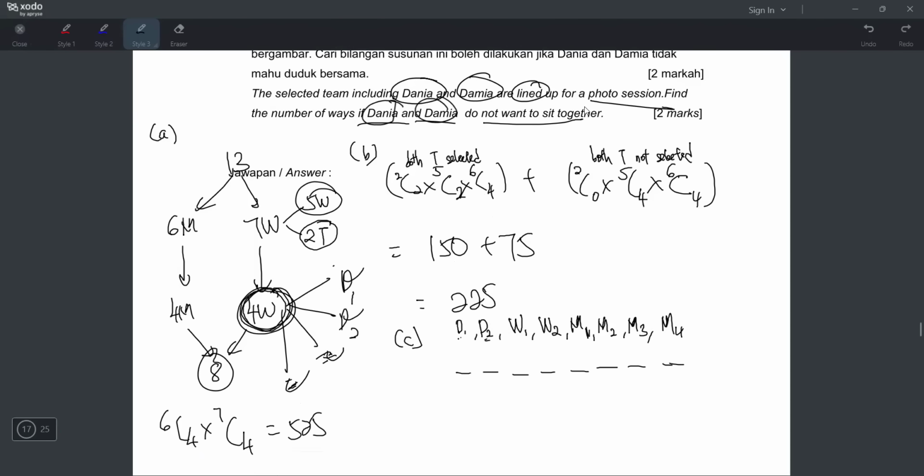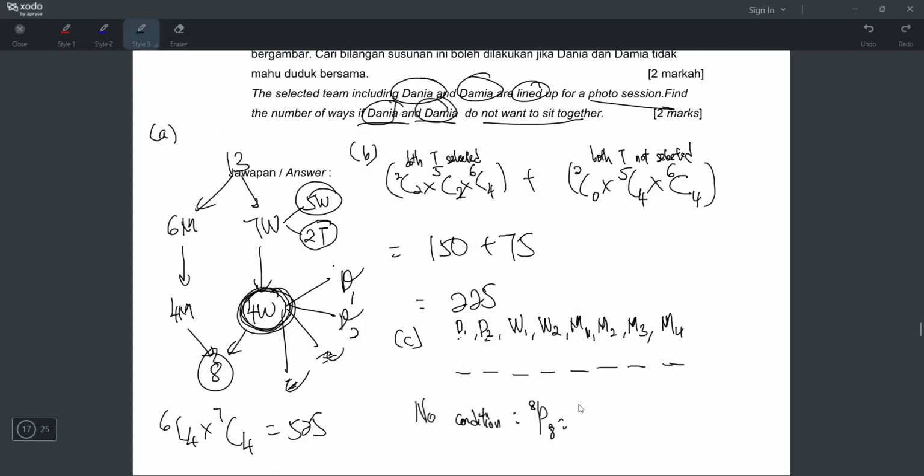Okay, first we find for no condition first. So if no condition means what? 8P8. Okay, because you have no condition. So I should write here no condition. Okay, no condition is 8P8. So I will get 40320.